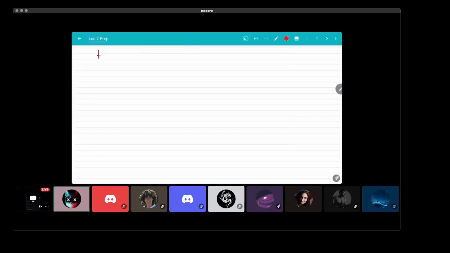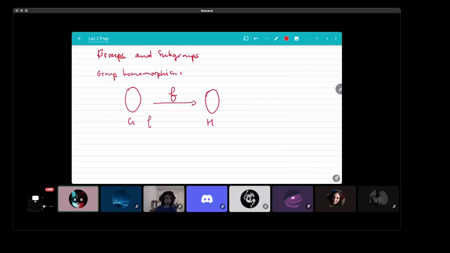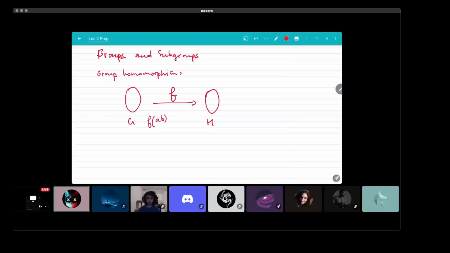We've seen groups and subgroups, and we've seen a lot also on group homomorphism, which is a map from a group to another one that preserves the group law, that is for any a, b, f of ab equals f of a times f of b.